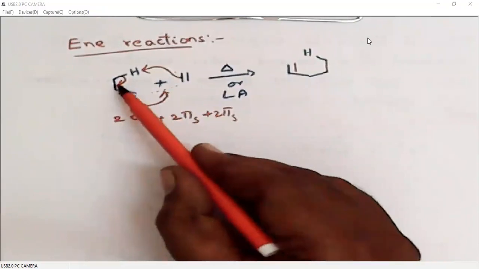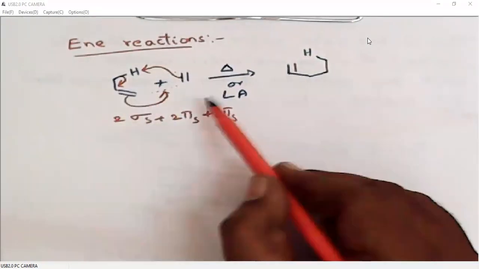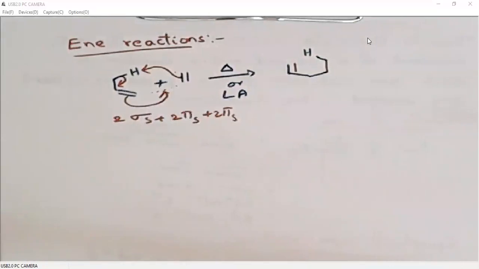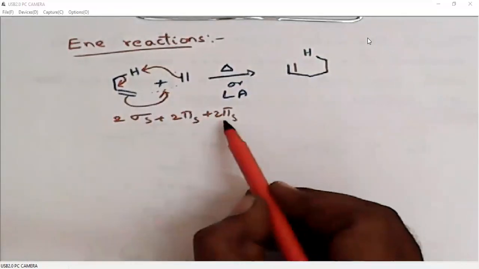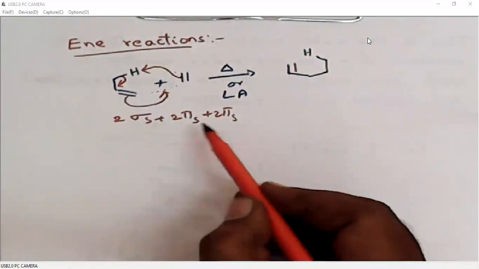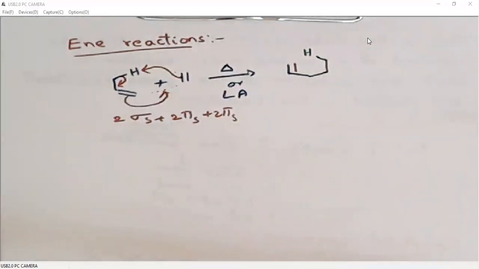So it will be migrated to the next position. Okay. So this is what ene reaction is. So altogether it is a 6 electron reaction. So we are studying it under cycloaddition reactions.